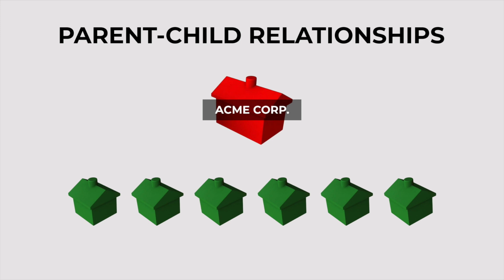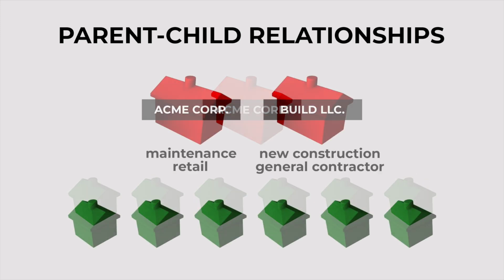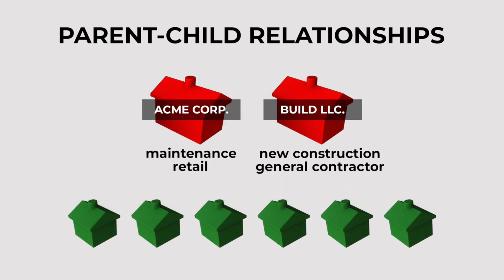Now, to complicate things further, you can have multiple parents. So, for example, in this case study, we're dealing with Acme Corporation as one parent and Build LLC as another. Acme represents retail maintenance jobs, while Build LLC, a general contractor, represents new construction jobs. Each parent has its own unique attributes.